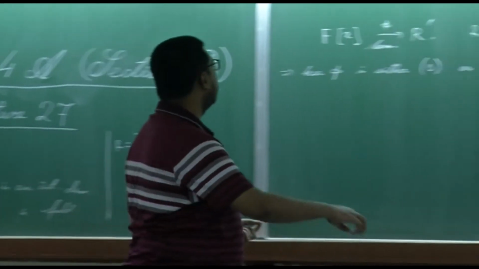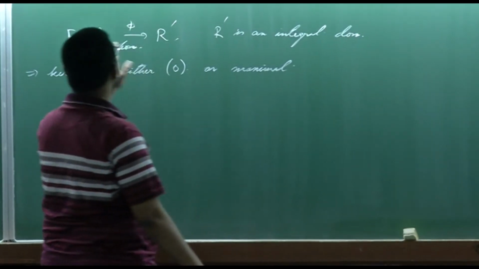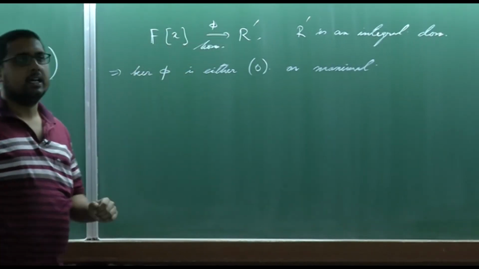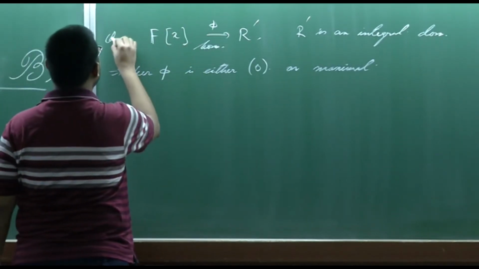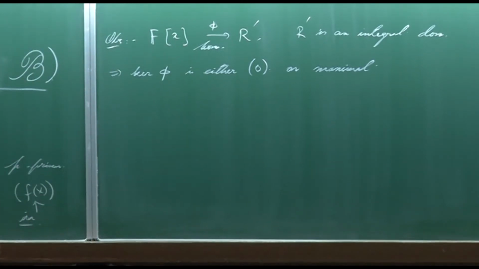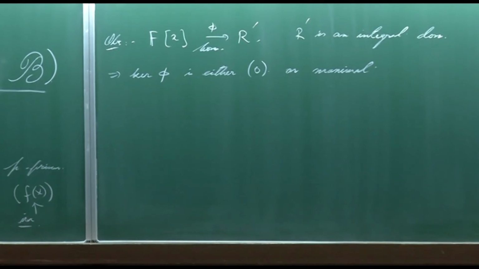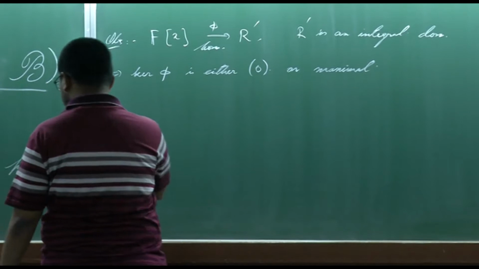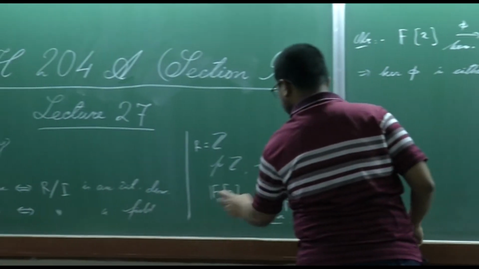So, thus we see that whenever we have a homomorphism from F[x] to some integral domain, its kernel is either going to be trivial or it is maximal. Okay.